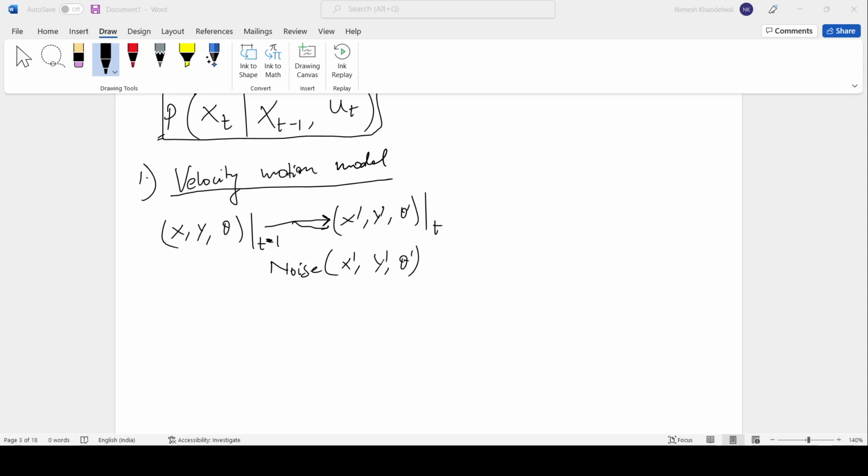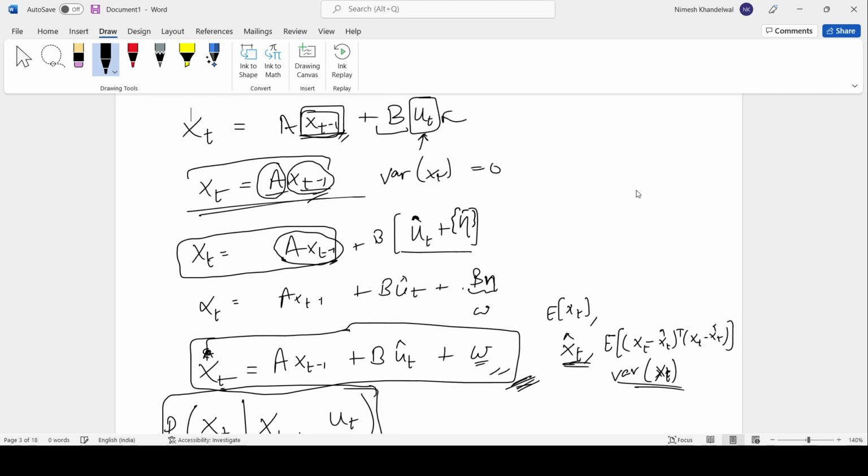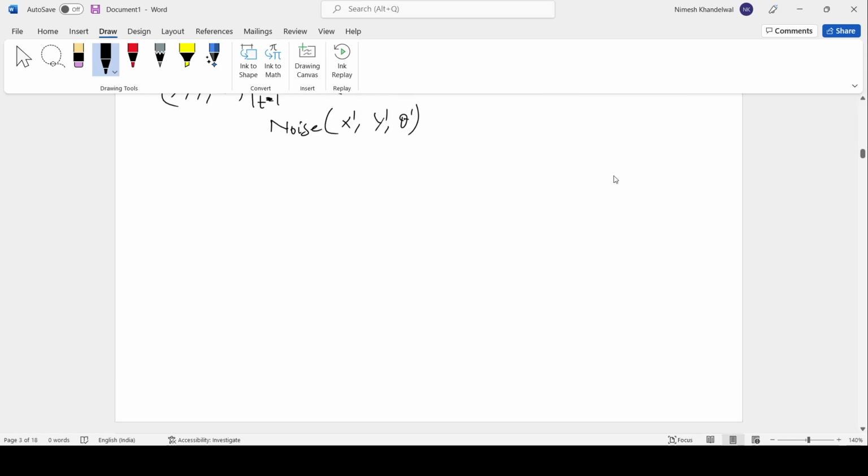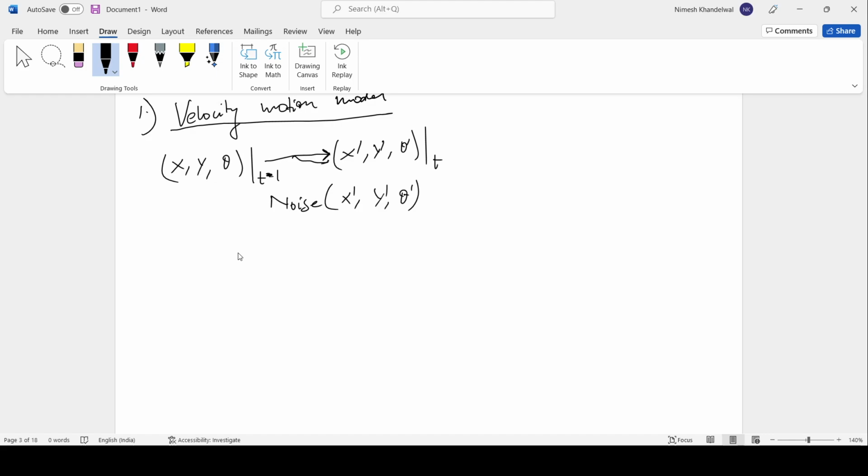I think you might have seen this in your lectures also if you have attended the lectures. For the velocity motion model, we assume that my control is v and omega, basically the linear velocity and the angular velocity.